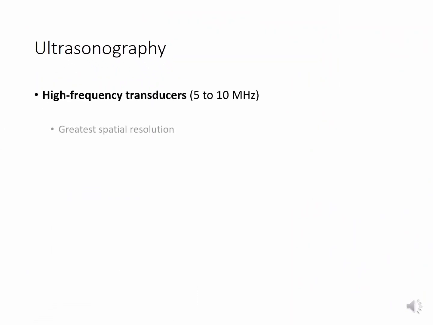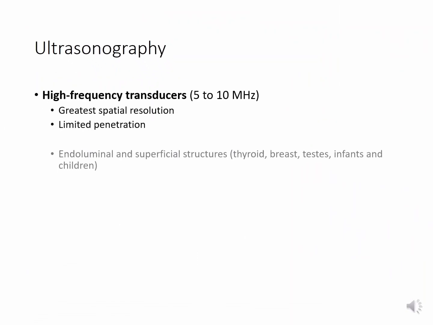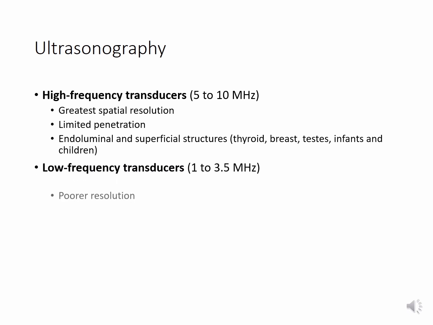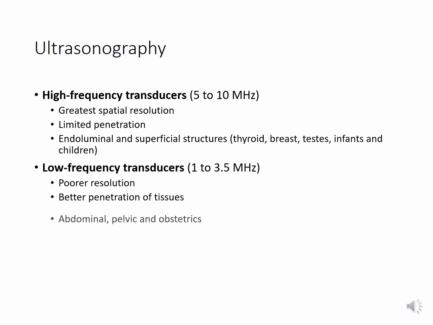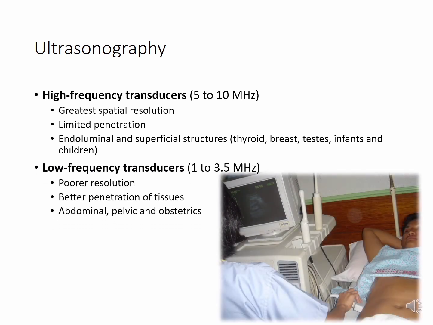Okay, so most medical imaging is performed using ultrasound transducers that produce sound pulses in the frequency range of 1 to 17 megahertz. Higher frequencies, ranging from 5 to 10 megahertz, yield the greatest spatial resolution, but they are restricted by limited penetration.